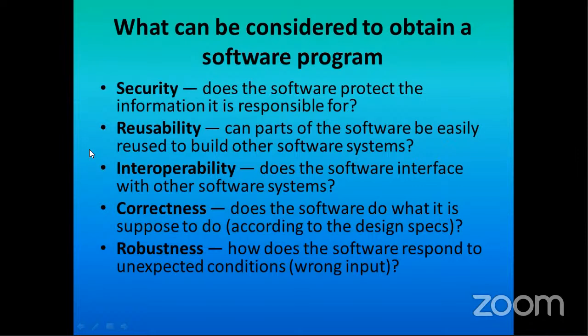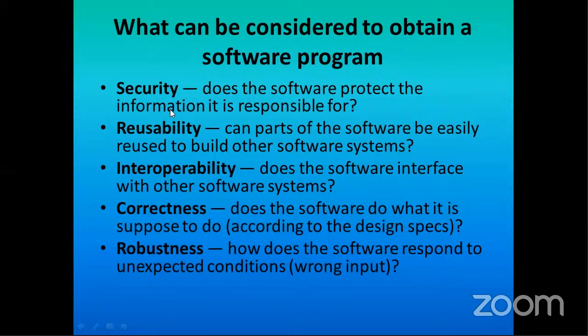Correctness. Does the software do what it is supposed to do, in brackets, according to the design specs. Robustness. How does the software respond to unexpected conditions, in brackets, from input.